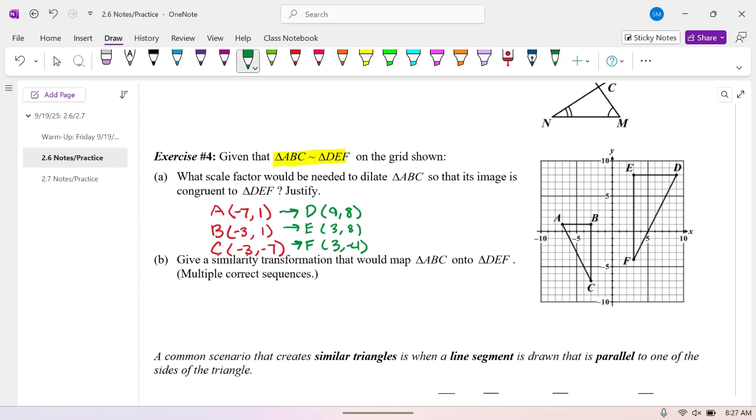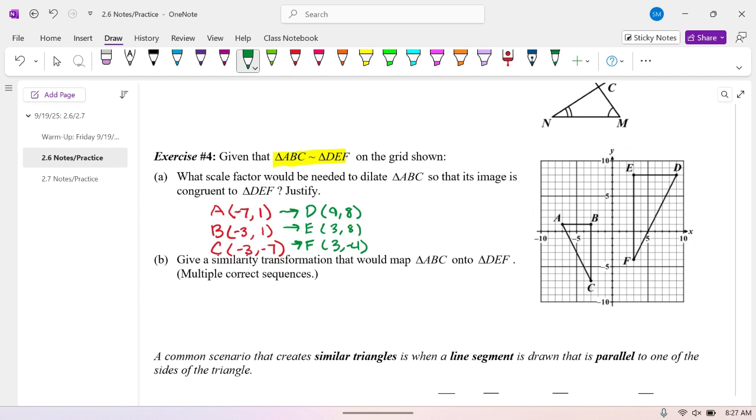All right. So let's talk about how I can figure out the dilation of these two figures without using the points. What do you think a strategy would be? So think about how we already found similar figures with just triangles that they gave us. What do they typically give us? So look back at exercise 1, for example.